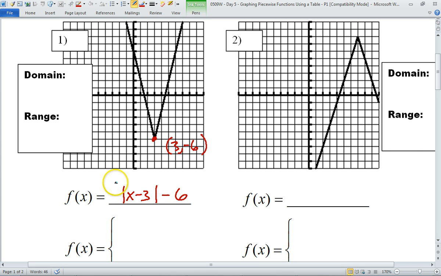Now, do I need to put anything in the front of this absolute value? It's all about the slope. Look at the slope of the right-hand branch. How many up, how many right?